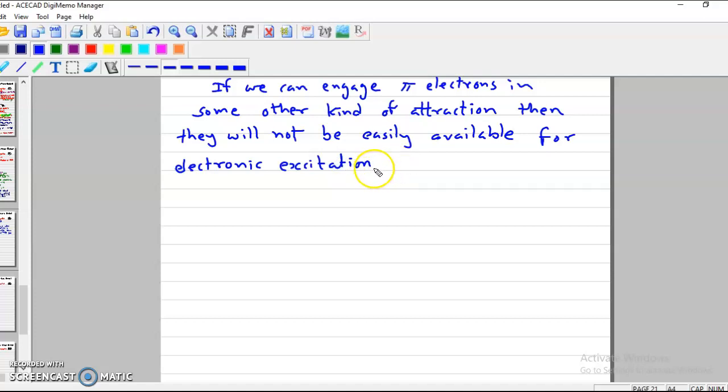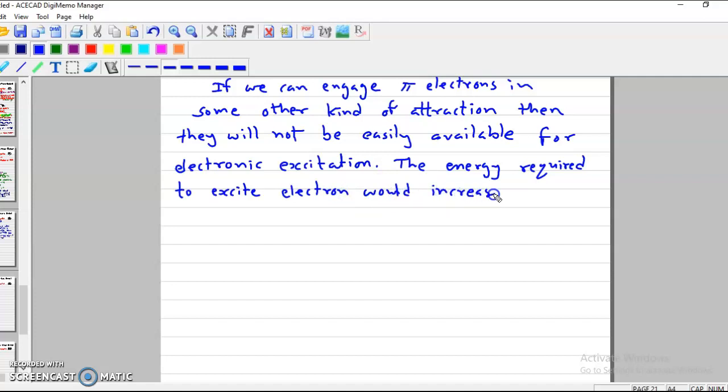And therefore the energy required to excite electron would increase and wavelength decreases.